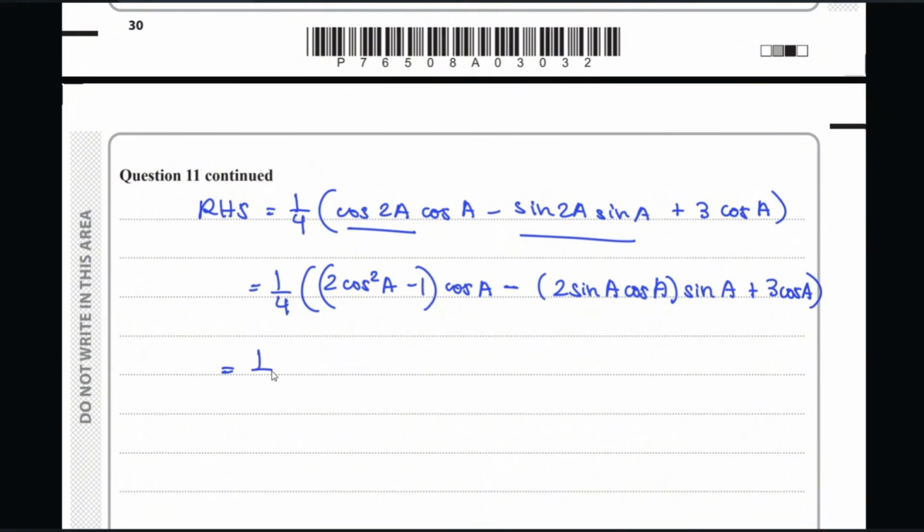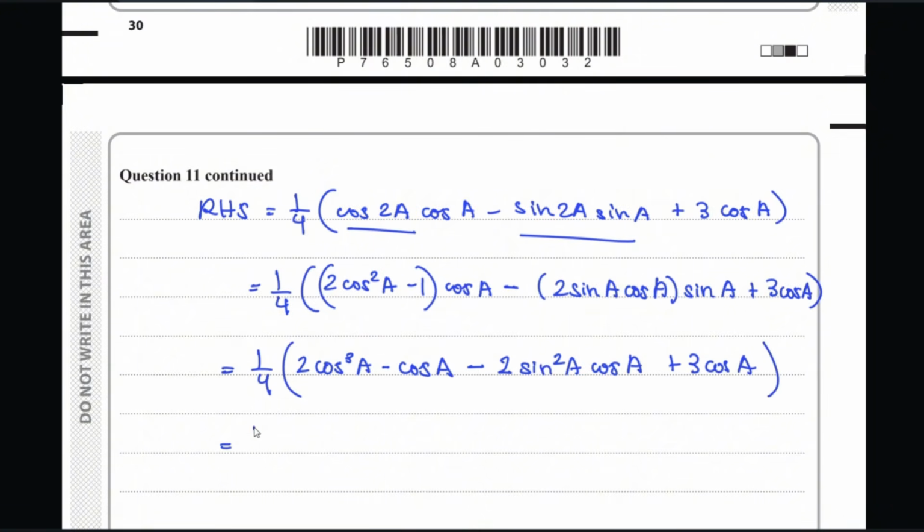Let's continue. 1 over 4, bracket, cos a multiplies into this. So 2 cos cubed a minus cos a. Now we have everything in terms of cos a. And then minus the second term. Let's multiply sine a into this, so that it becomes 2 sine squared a cos a. And then we have 3 cos a.